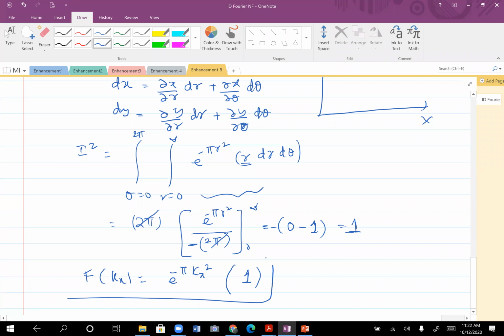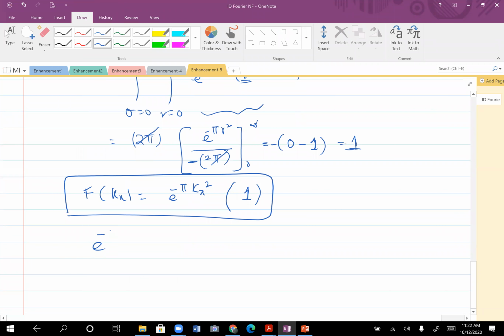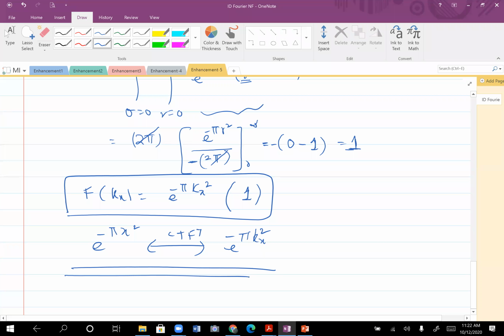So that's why the Fourier transform of e power minus pi x square is equal to e power minus pi kx square. Is that clear? Any questions here? Is everyone fine with this, or are there any questions here?